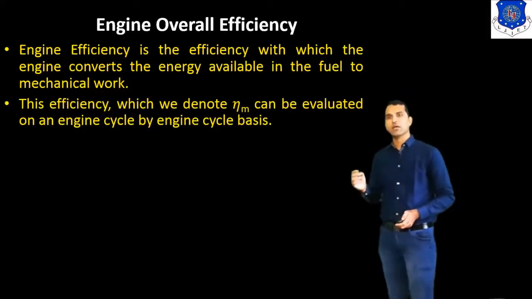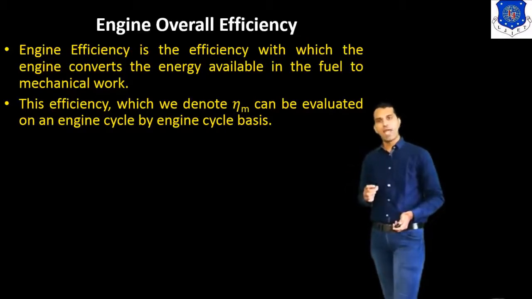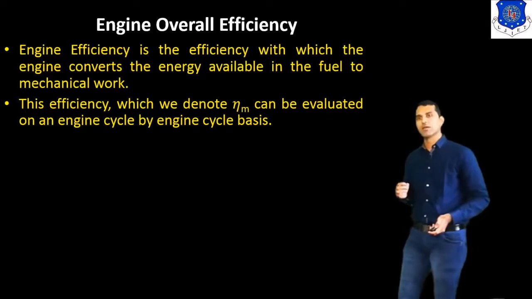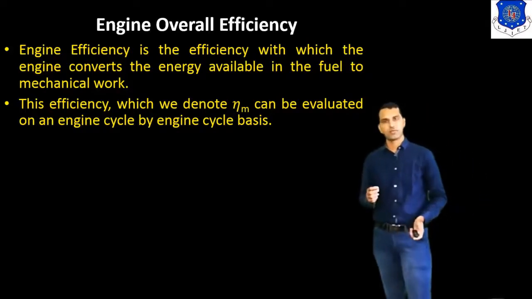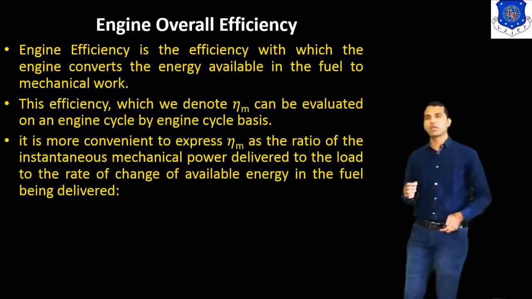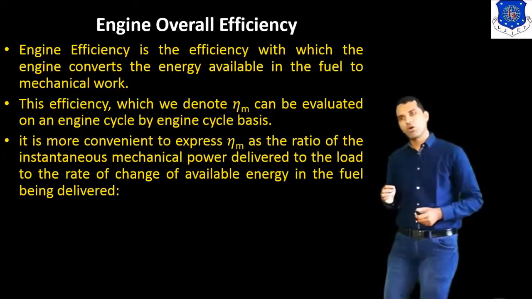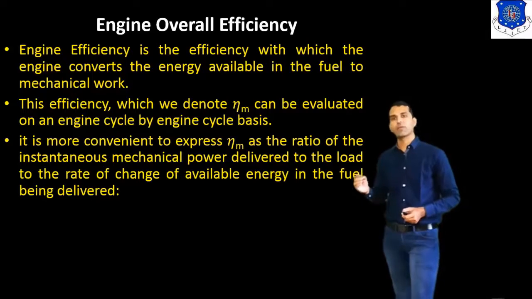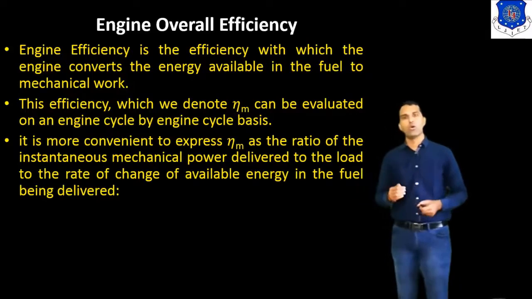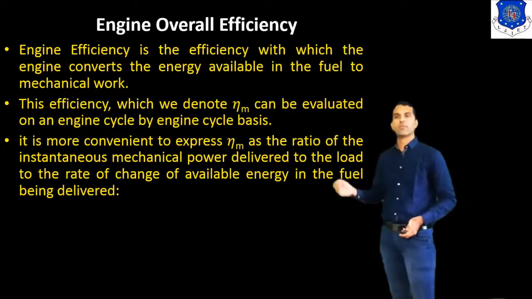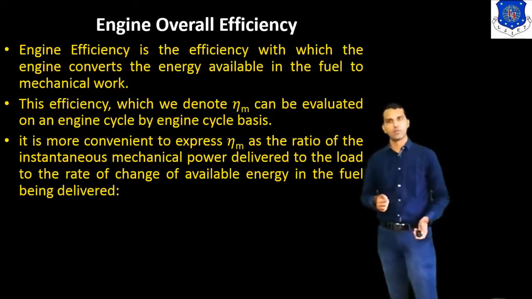This efficiency, denoted by eta_m, can be evaluated on an engine cycle by engine cycle basis. It is more convenient to express eta_m as the ratio of the instantaneous mechanical power delivered to the load to the rate of change of available energy in the fuel being delivered.